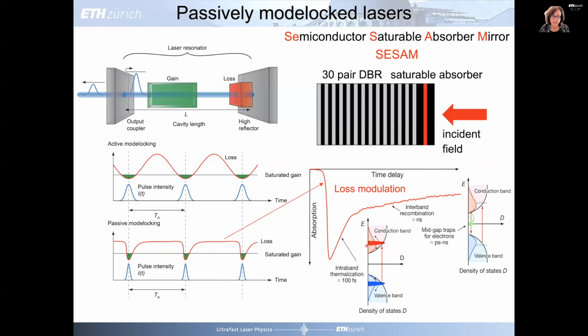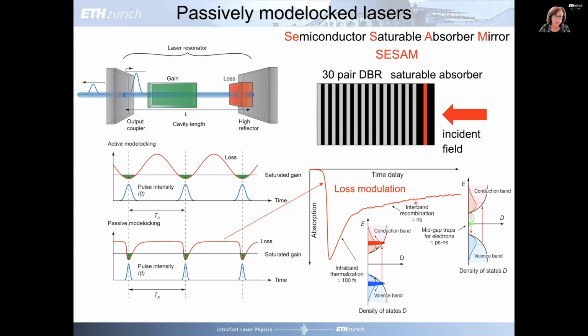And then they thermalize within the conduction band, depending on where you actually excite this electron. And that gives you initial recovery of the absorption bleaching, because you have fewer electrons in the states that are covered by the bandwidth of the pulse. And then ultimately you have the recombination of the electrons with the valence band.